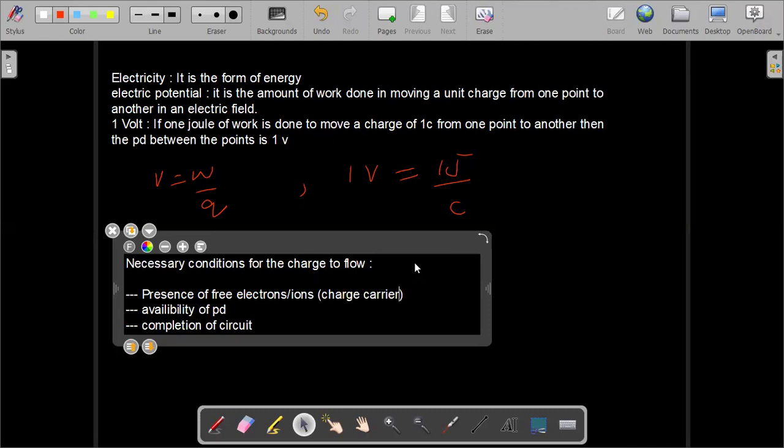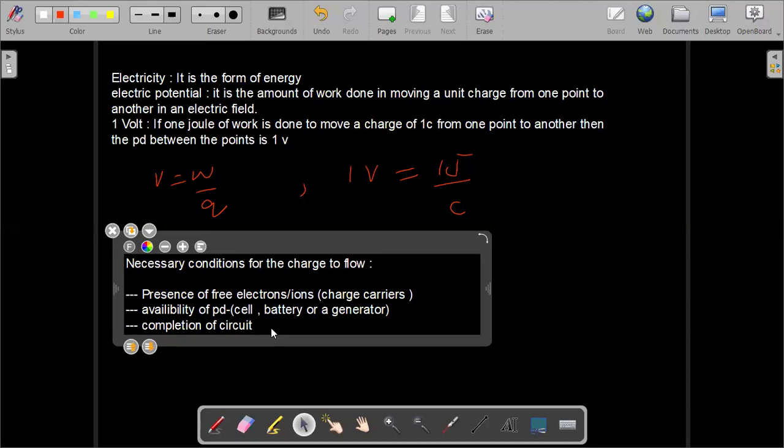Then there should be a potential difference, which we can apply with the help of a cell, battery, or a generator. We can also use a generator to supply electric potential. Then completion of the circuit, that is, the circuit should be complete. There should not be any break in the circuit.